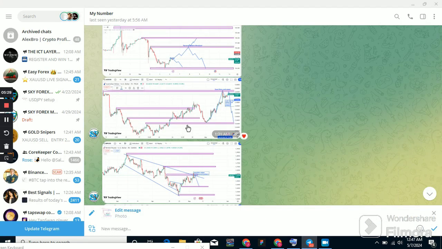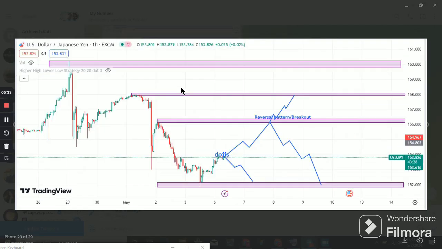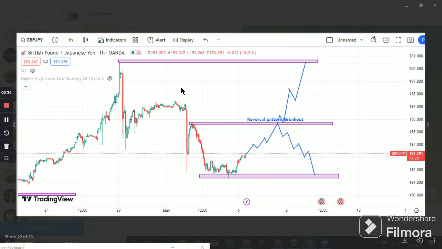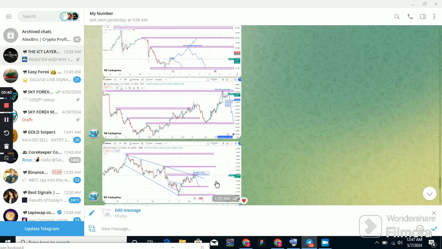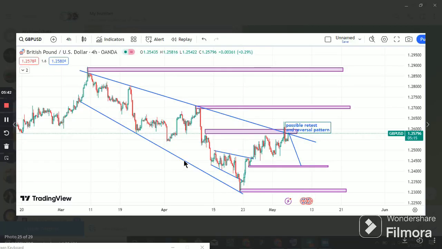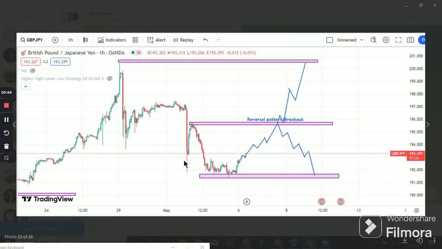So let's go to any other analysis we had yesterday. I think we had one more analysis on GBP/JPY. Yes, GBP/JPY. So we are looking at it. We wanted to see the market move up into that zone. You see that it has not moved into that yet.